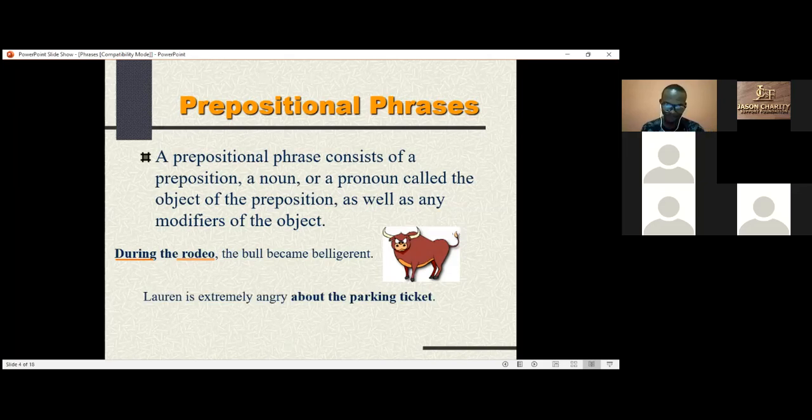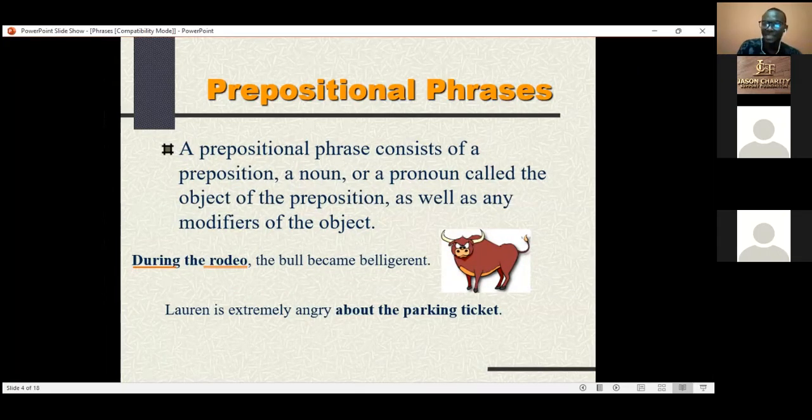Extremely hungry. Hungry what? Now, about the parking tickets, that is modifying the word "hungry." We say an adverb can modify an adjective.